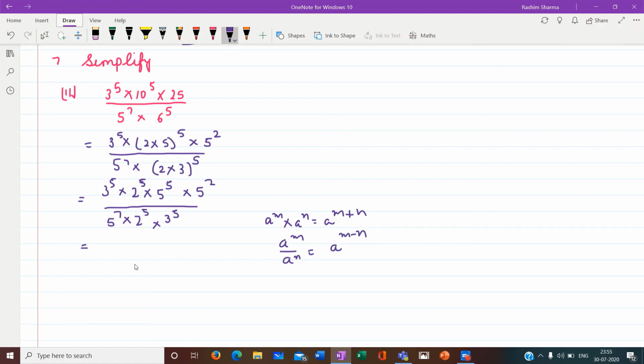Okay. Now when 3 is the base, its power is 5. Same is here in the denominator. It means it is in division, so we will subtract the power.